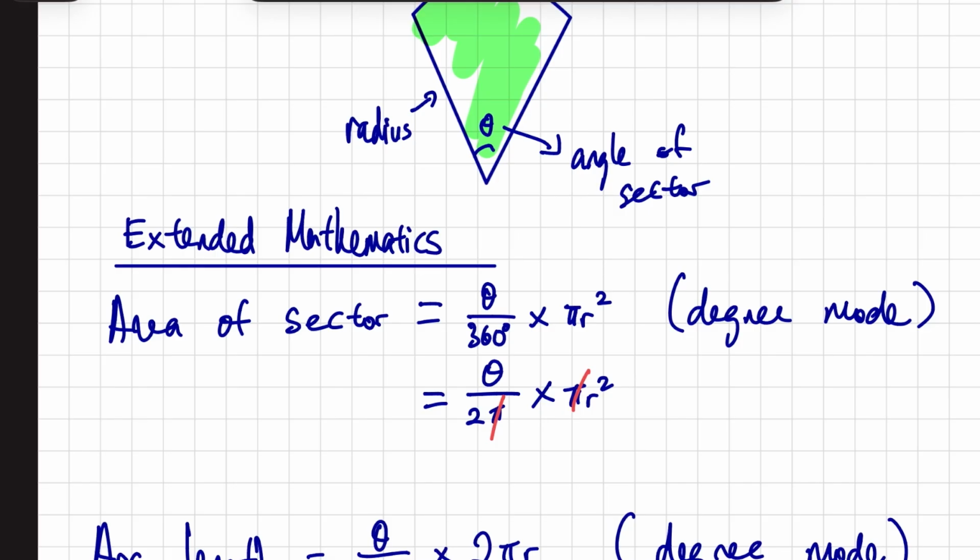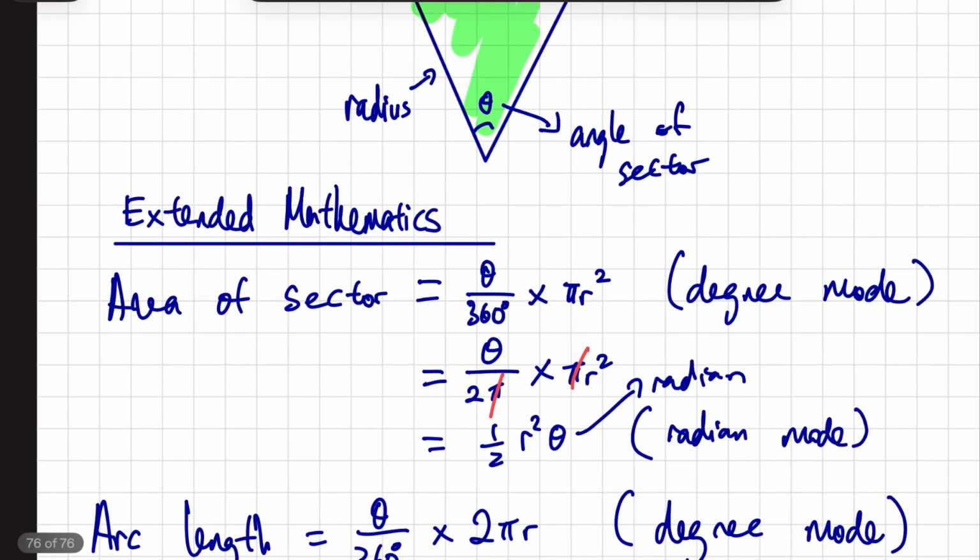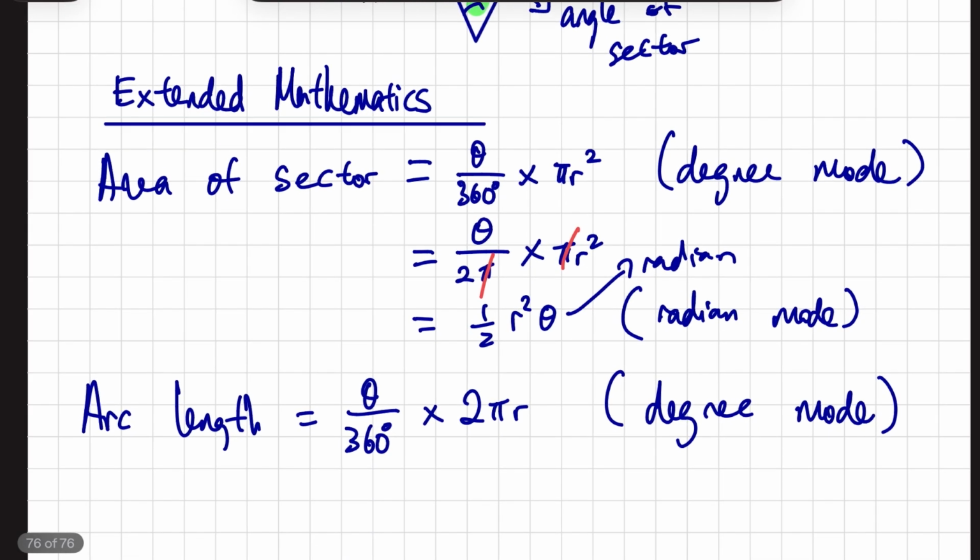All in all, when we simplify this, it will be half r squared times theta. This formula we will use for radian mode. As long as you know the radius of the circle and you know the angle of the sector in radians, this theta is in radian, then you can find the area of the sector.